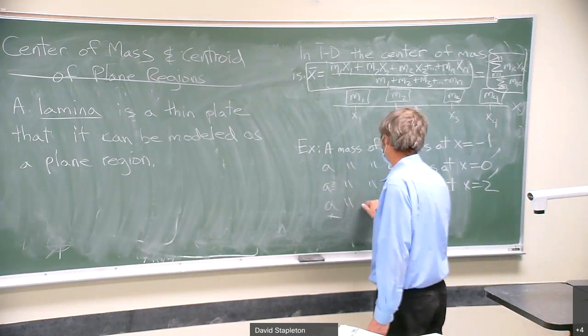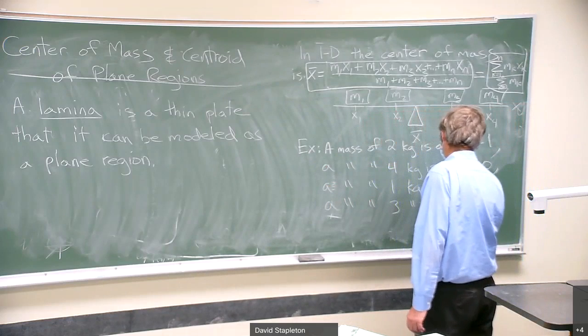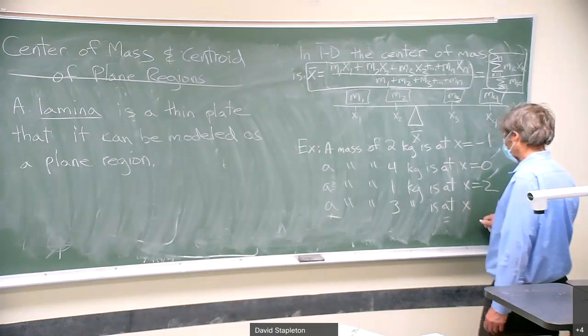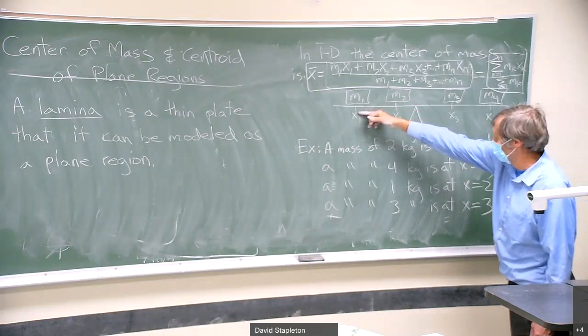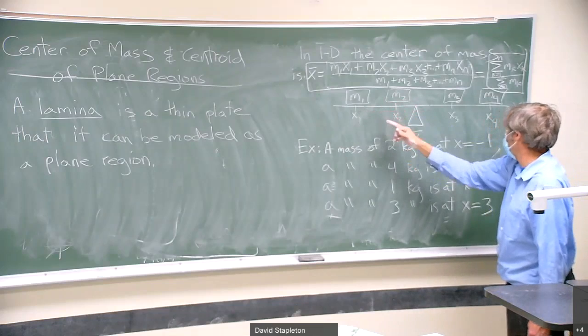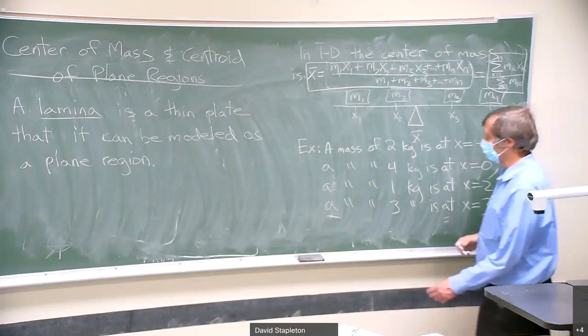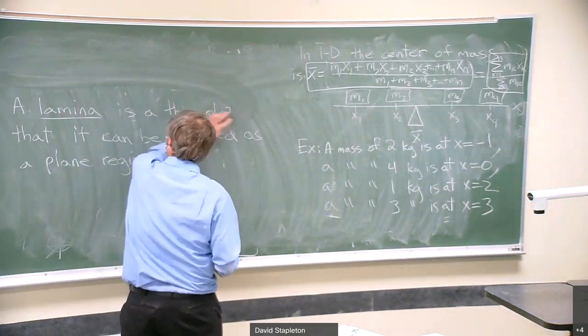And a mass of 3 kilograms is at x equals 3. Just like this, right? Positions -1, 0, 2, and 3, and these are the masses. Find the center of mass, the balancing point for this in a uniform gravitational field.